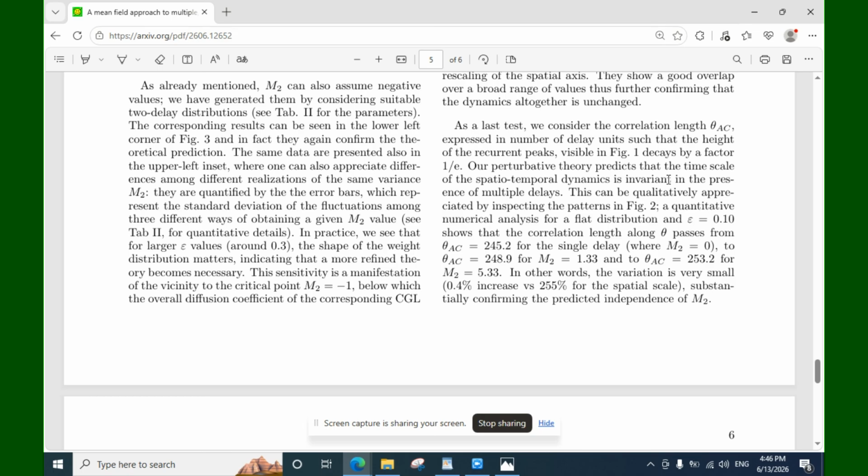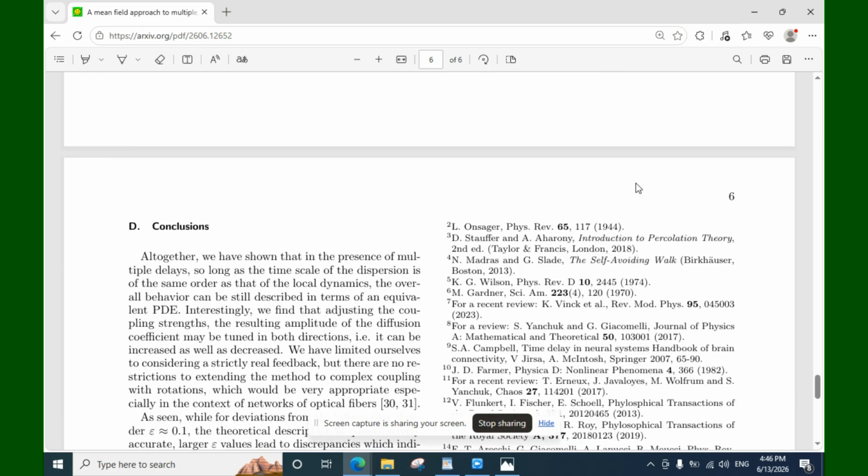In other words, the variation is very small, a 0.4% increase versus 255% for the spatial scale, substantially confirming the predicted independence of M2.